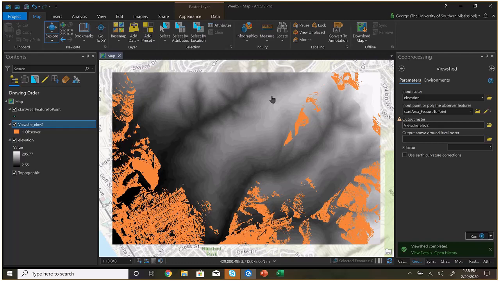One time I was at a conference where somebody did a military application of this. So what they did was they calculated the viewshed from a bunch of different locations, and then they overlaid those together.